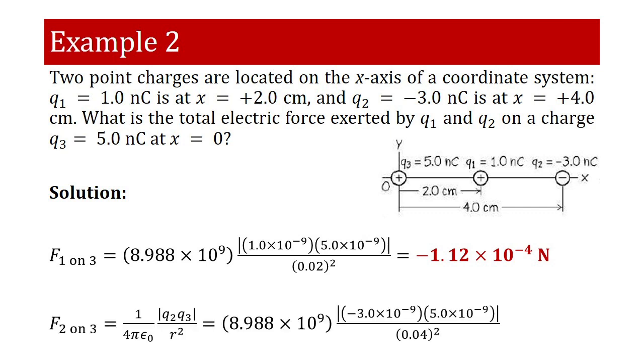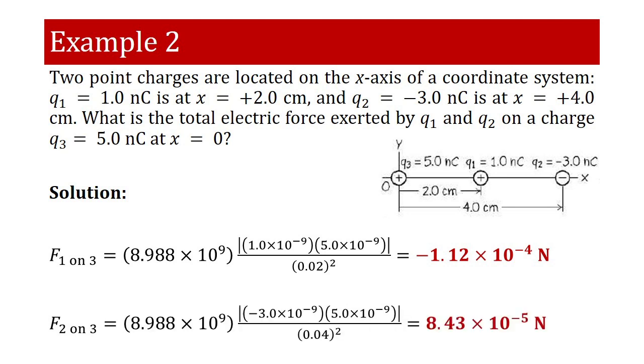Next, charge 2 on charge 3. So F2 on 3. Using the same formula, your K is 8.988 times 10 to the 9. Q2 is minus 3 times 10 to the minus 9. Q3 is the same, 5 times 10 to the minus 9. You divide it by the distance. Now, it is not 2 cm but 4 cm, so 0.04 meters. You square it, you calculate it, and you will get 8.43 times 10 to the minus 5 newtons.